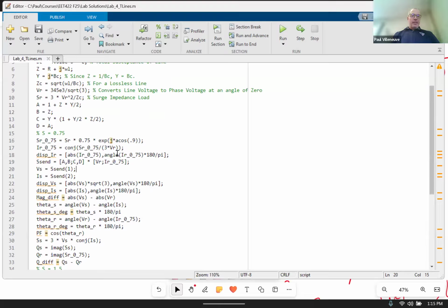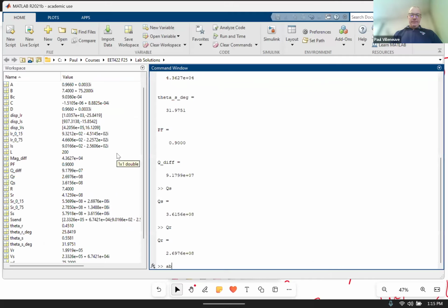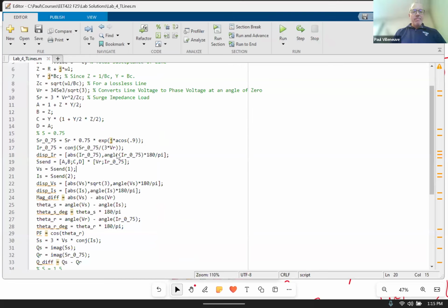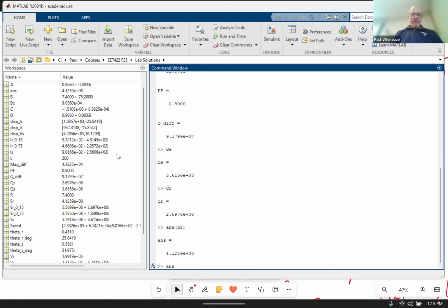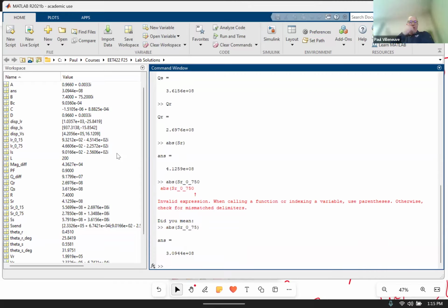Let me look and type in SR. That's the absolute of SR. And then, so I am dropping the power.